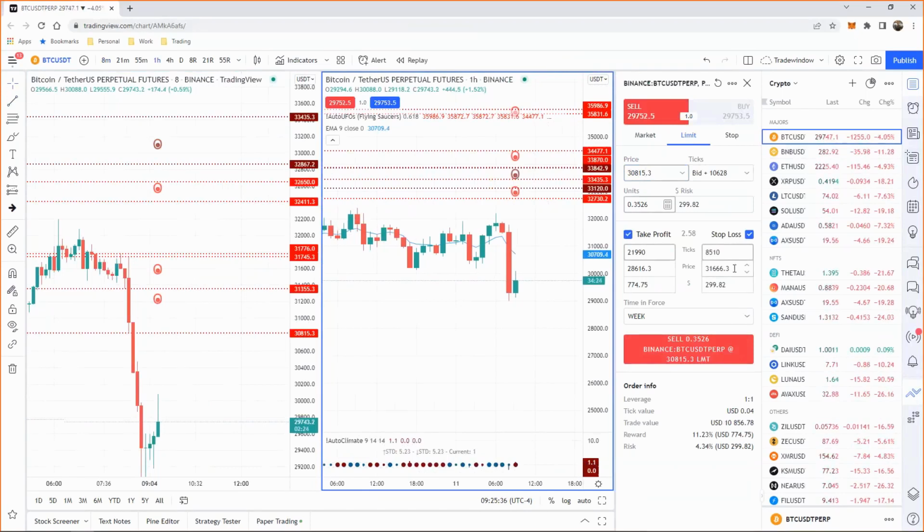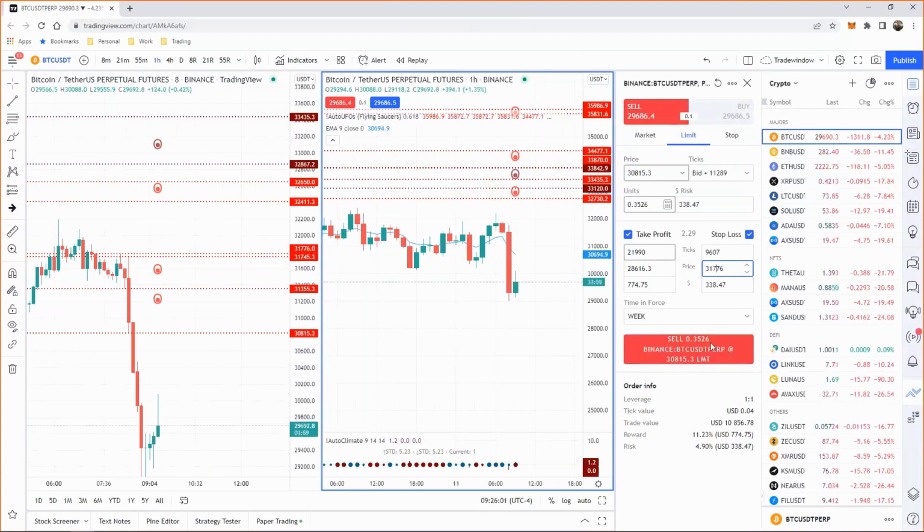Our stop loss, where is it going to go? Well, it's going to go above these red UFOs, because that's our entry point, so it needs to be above them. Where are we going to be proven wrong? Now, for Bitcoin and for crypto, I'm still testing, because it's extremely wicky sometimes. 31,776 is where this UFO stops.